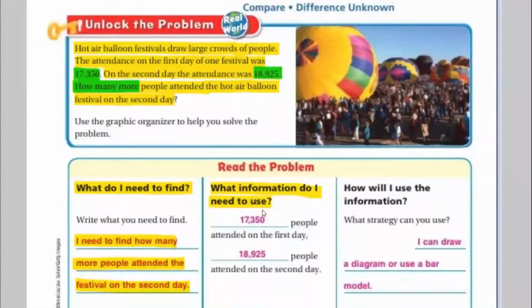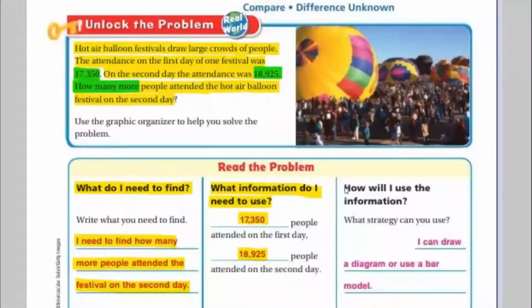I need to use the number of people who attended on the first day, which is 17,350, and also the number of people who attended on the second day, which is 18,925.